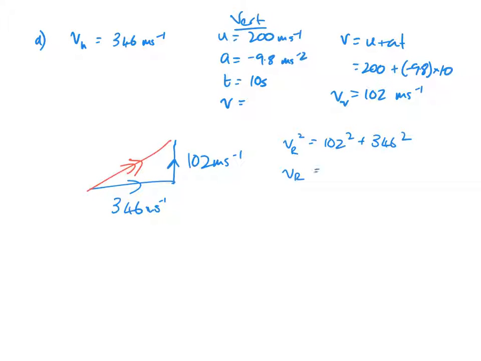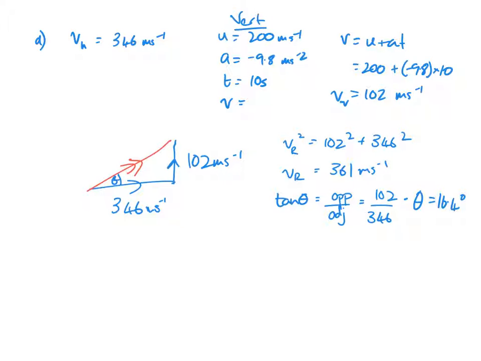Plugging in the values will give you VR is 361. And if we call that angle in there theta, call it x, call it anything you want, tan theta is opposite over adjacent, which here is 102 divided by 346, and that gives you theta is 16.4 degrees.